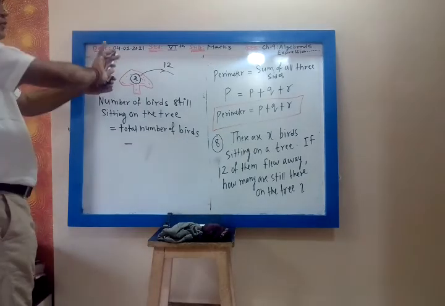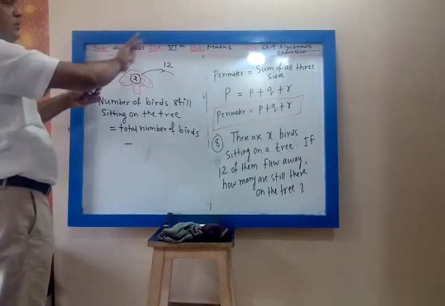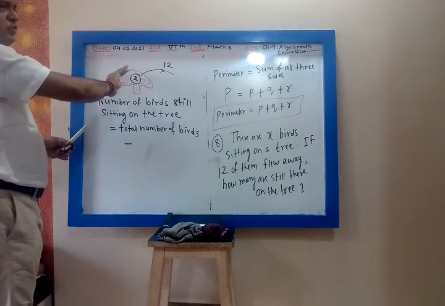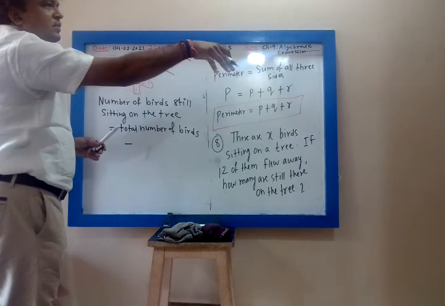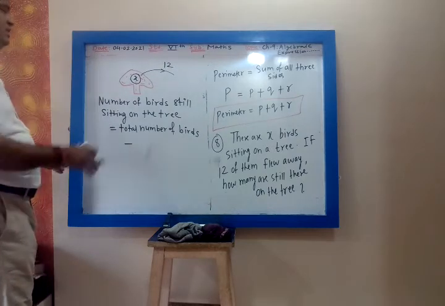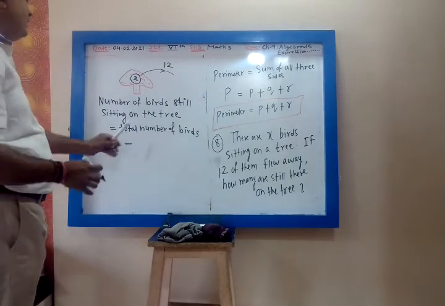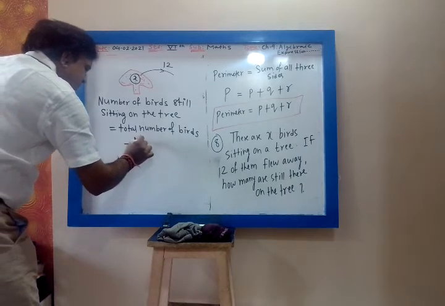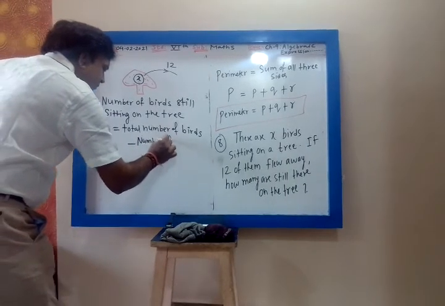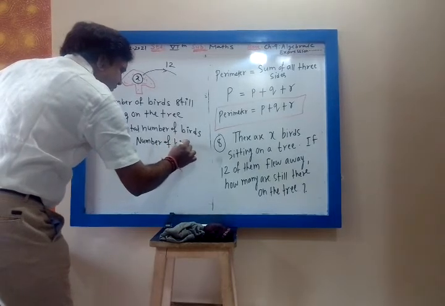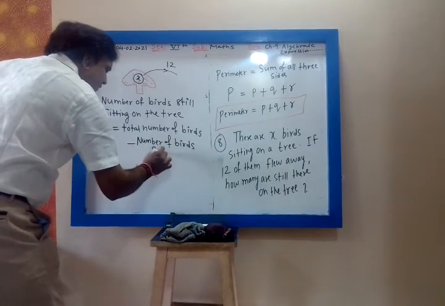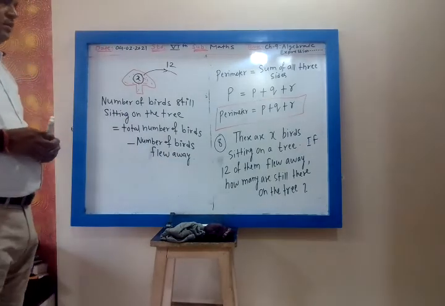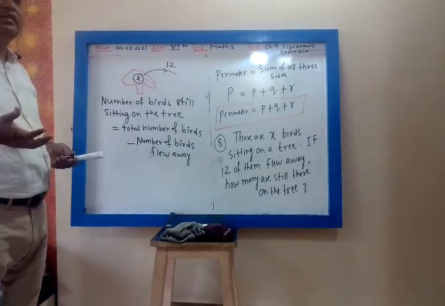Why? Because 12 of them flew away. From total X I have removed 12. So the remaining are sitting on the tree. So that will be total number of birds minus number of birds flew away. Yes my dear, I have drawn a tree.